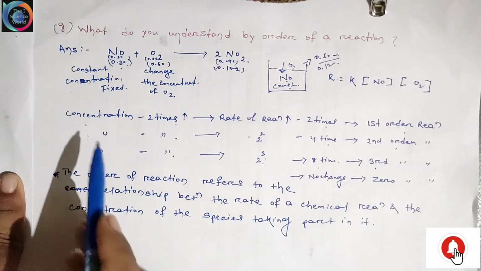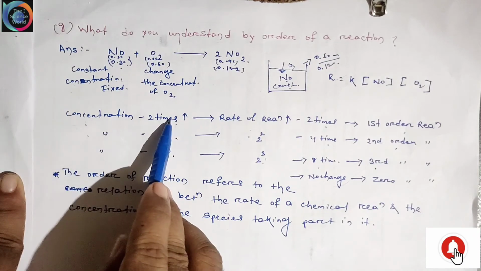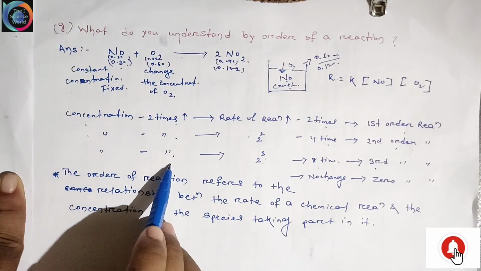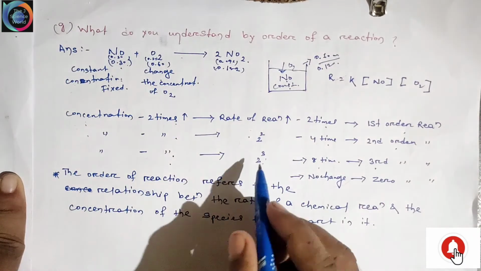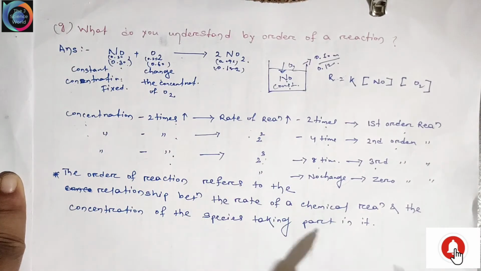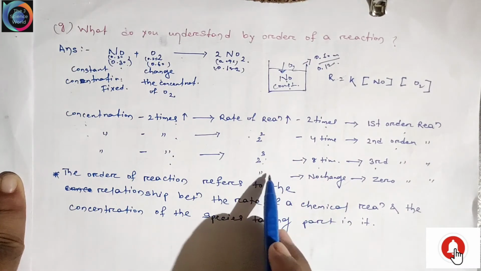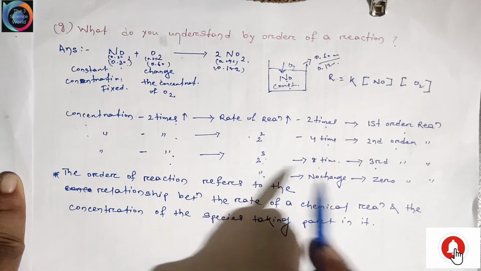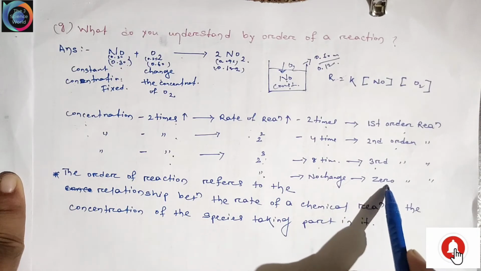But friends, when we increase the concentration of O2 2 times but the rate of reaction does not change, no change in its rate, this is our zero order reaction.